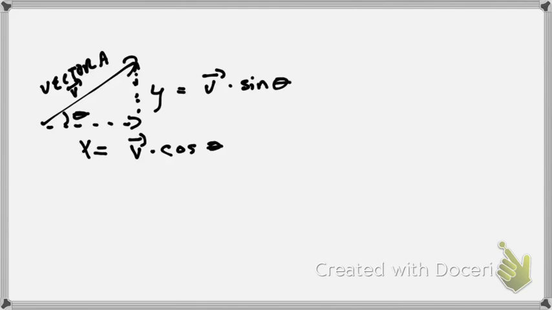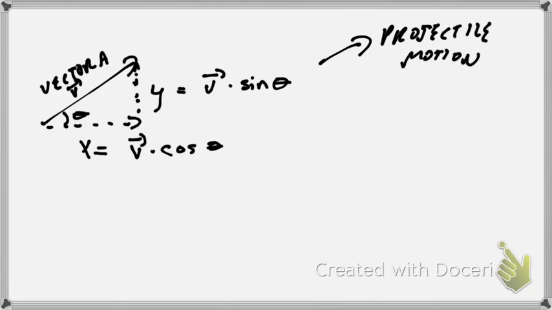These would both be ways of getting the component vectors. So why are these important? Because we will need this when we're talking about projectile motion and when we get into Newton's laws.